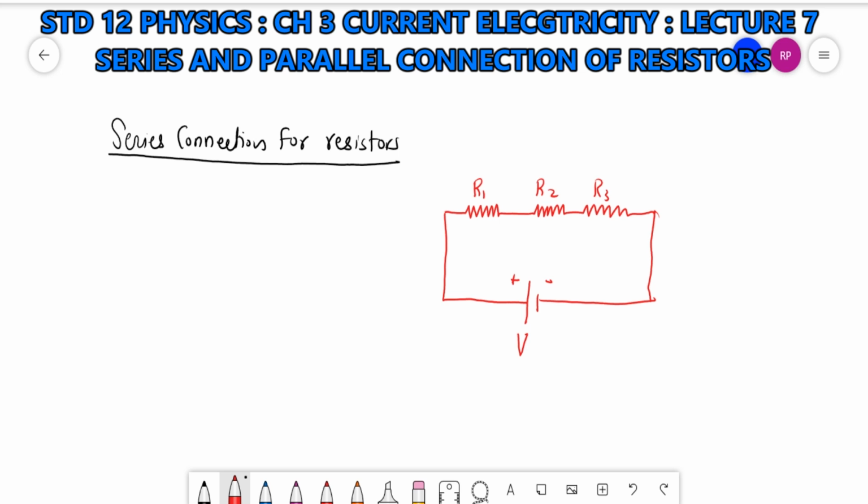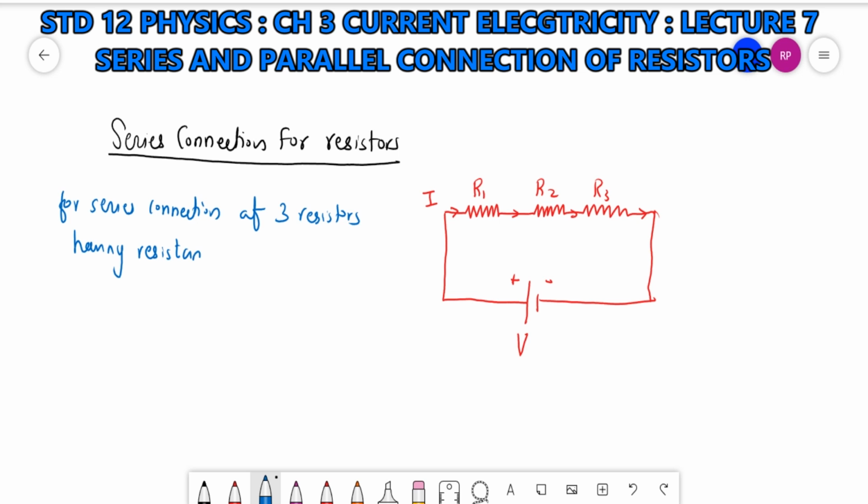See, here there is only one path for the current to flow, right? So the current flowing in each resistor will be same. So I'm writing here for series connection of three resistors having resistance R1, R2, and R3.